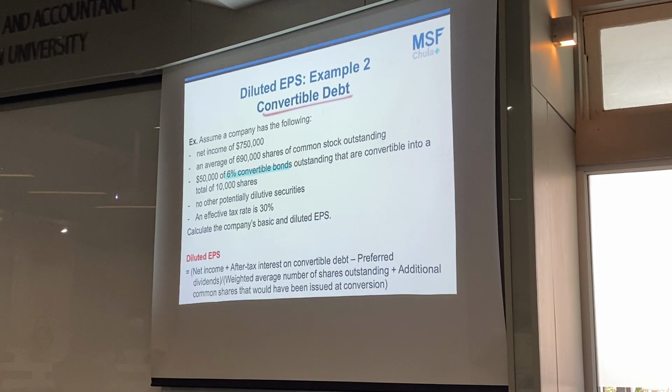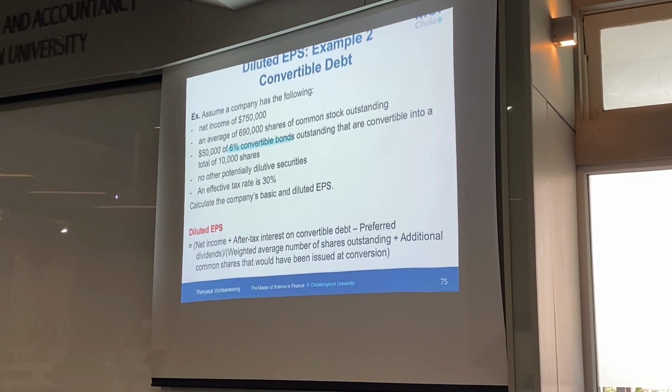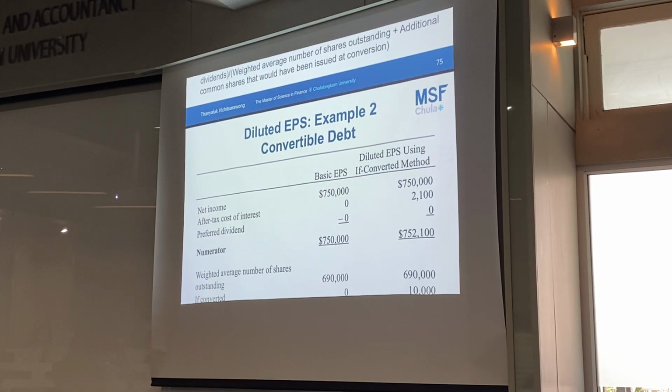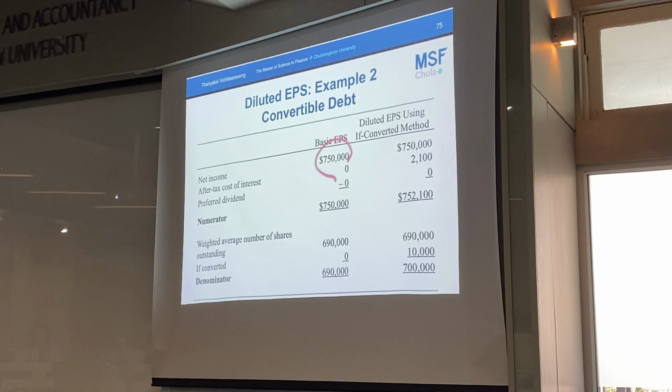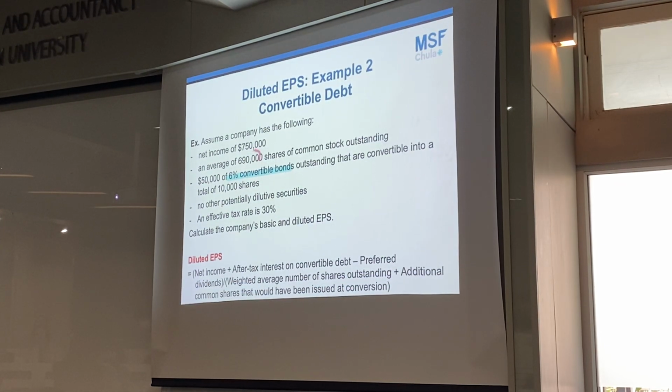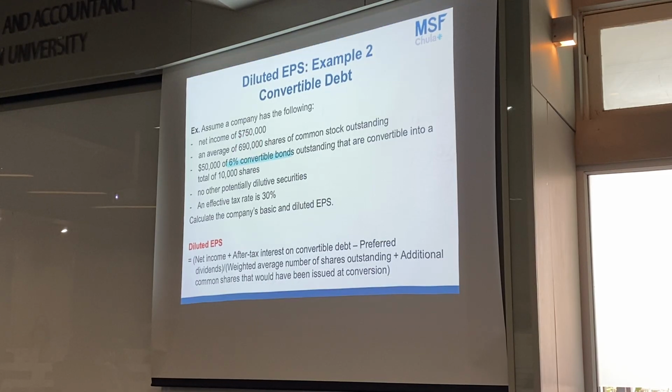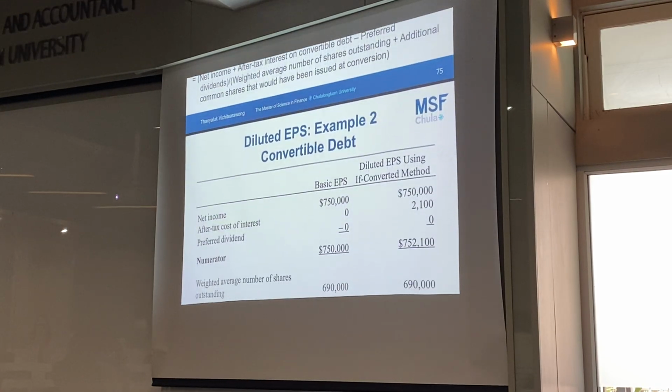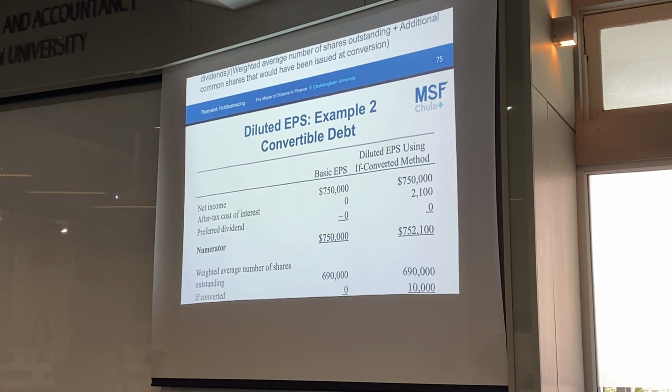For the convertible debt, we also apply this if-converted method again. Right? So we calculate basic EPS first, that's the net income, this is the weighted number of shares outstanding. So this is given already. And then we have a 6% convertible bond. This 6% means the interest, right?